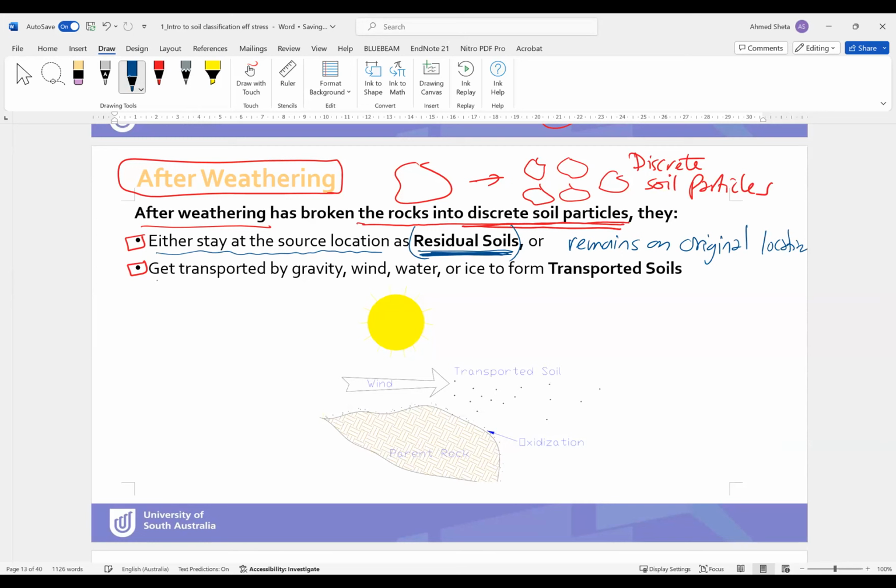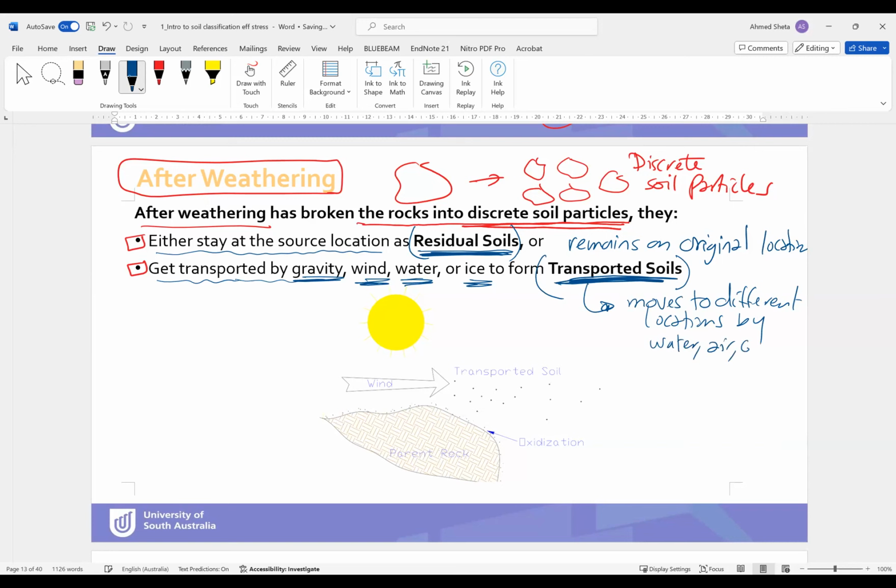The other option is the soil is transported by gravity or wind, water, or ice, and will be called in this scenario transported soil. So the transported soil moves to different locations by water, air, gravity, glaciers, and so on.